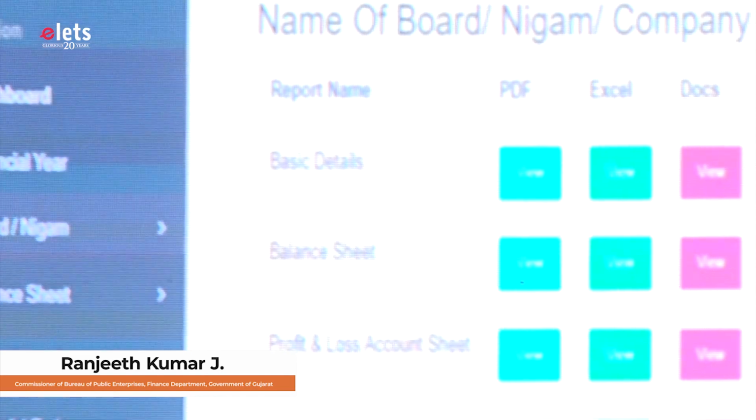Then balance sheet, profit and loss sheet, financial ratios, statutory compliances, project implementation status, project activity. Then what are the reports uploaded, shareholding and investment, borrowings, fund status, human resource, etc. The reports can be viewed in PDF or Excel or in document. In any form, you can see the things.